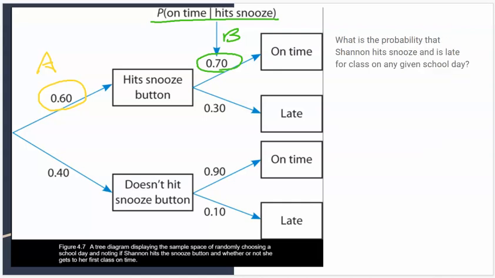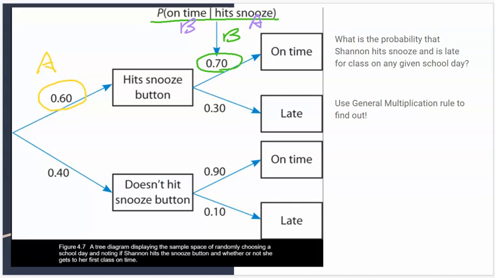So, what's the probability that Shannon hits snooze and is late for class on any given day? Well, for this, we're going to need to use our general multiplication rule. I kind of spoiled it a little bit, but hopefully you can take a look at this diagram and say, okay, here's my given probability, B given A, and then here's my A. So what we need to do is have probability of A times the probability of B given A. That is, of course, 0.6 times 0.7, which is 0.42.